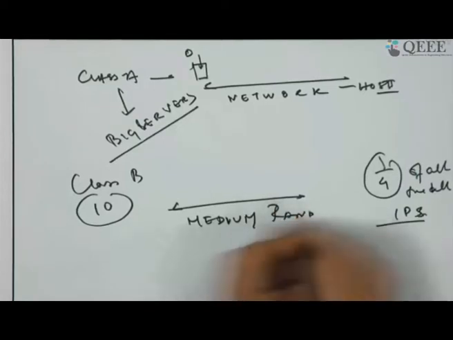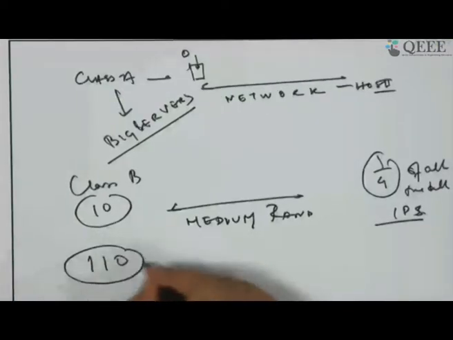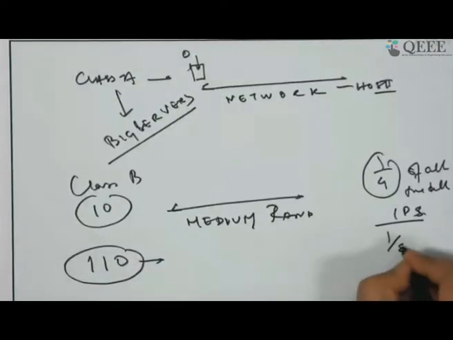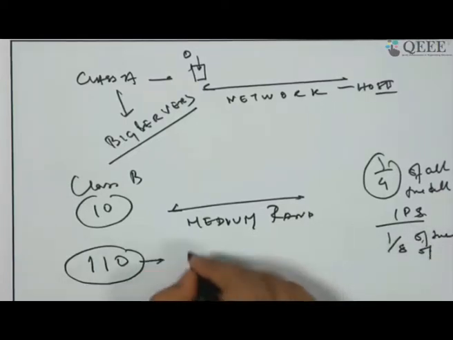And then for home or small purposes, it was 110, which means 1/8 of all the IPs. That was class C.